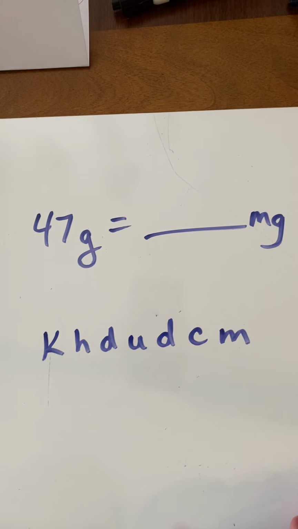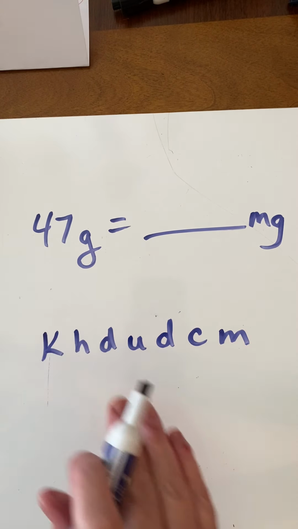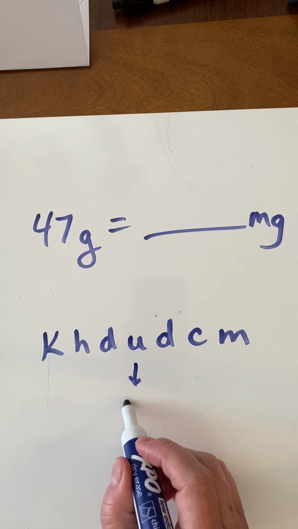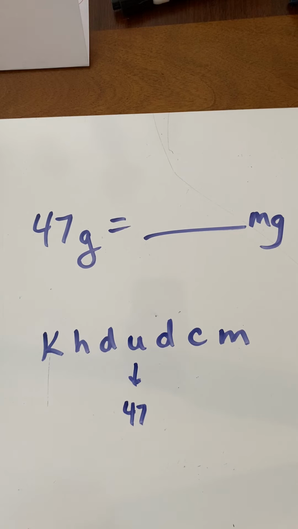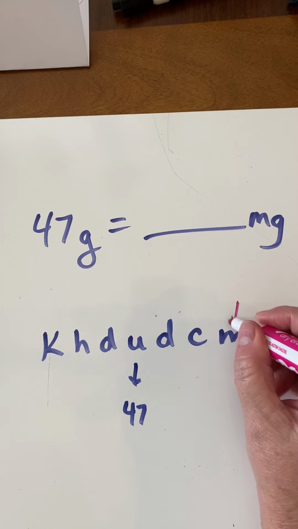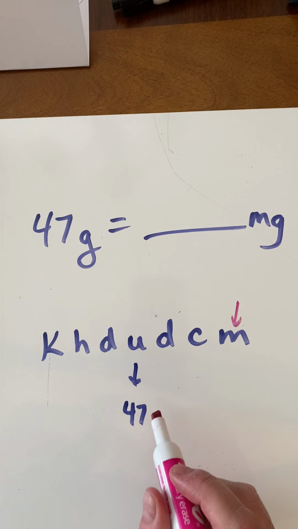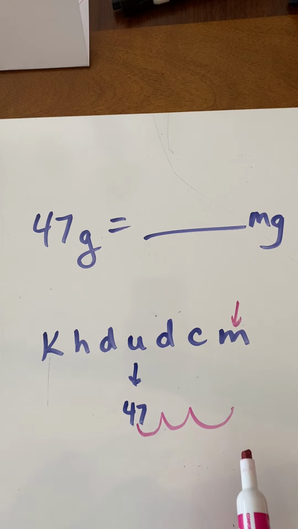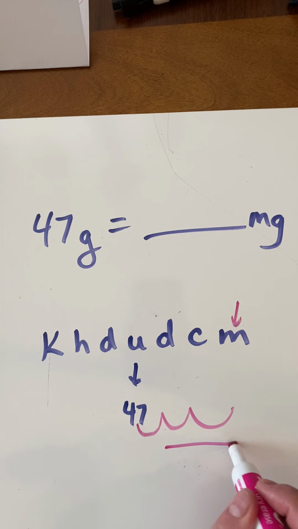And then put down where your original problem is. So 47 grams is right there in the center, because that's where the grams is. So you have 47 at that point. And then we want to get to milligrams, which is right here. And so I need to move this 1, 2, 3 times to get to milligrams. And I'm moving it to the right.